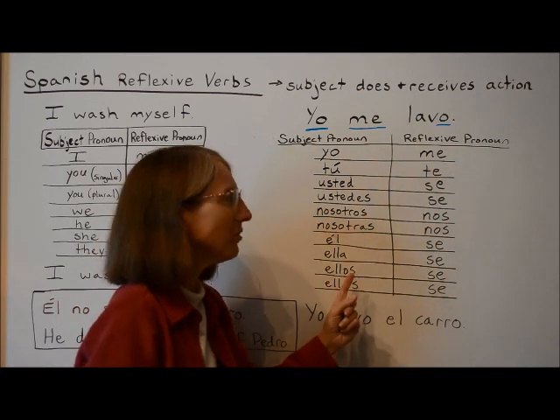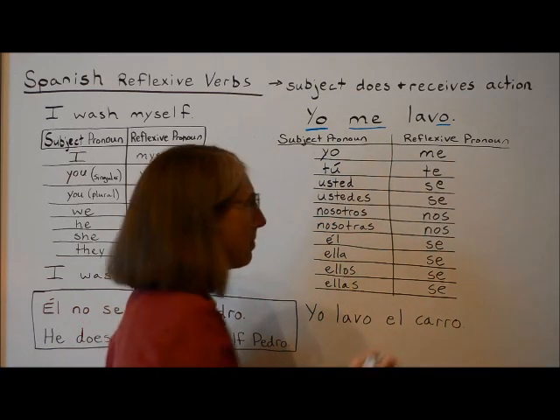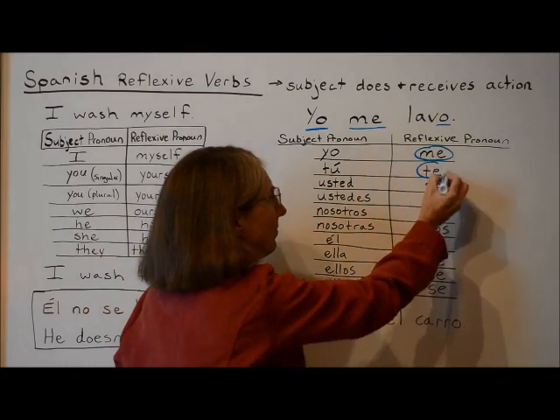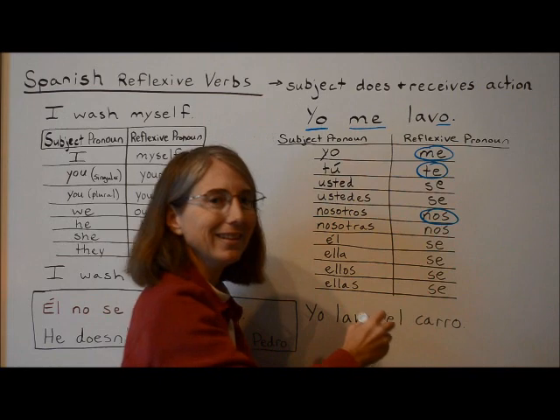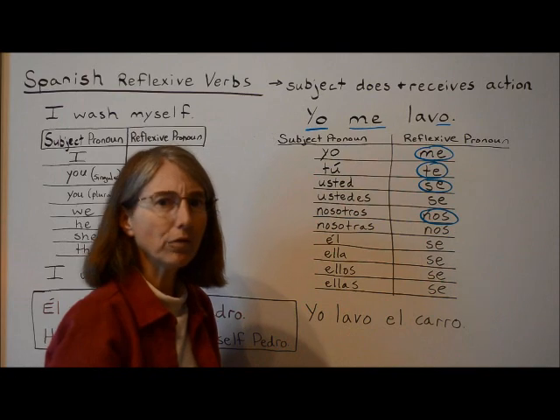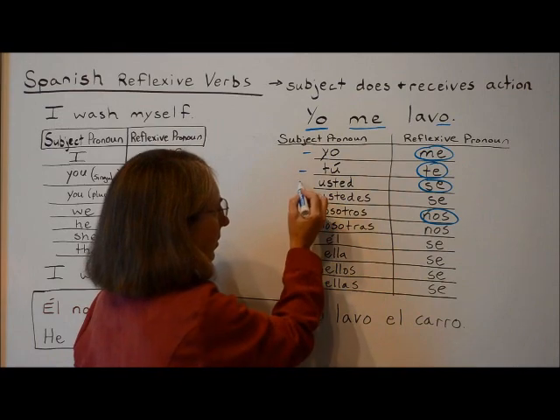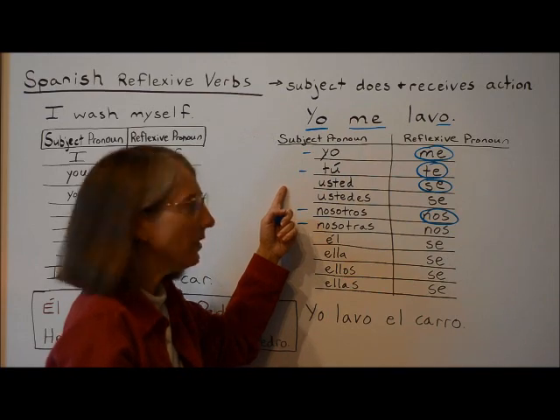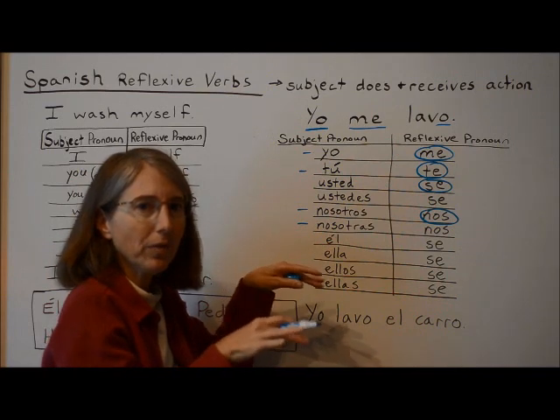If you look at this list, you can see that there are really only a few different reflexive pronouns in Spanish. We have me, te, nos, and then se. With our first and second person subject pronouns, yo, tú, and nosotros, we have specific pronouns to go with those.